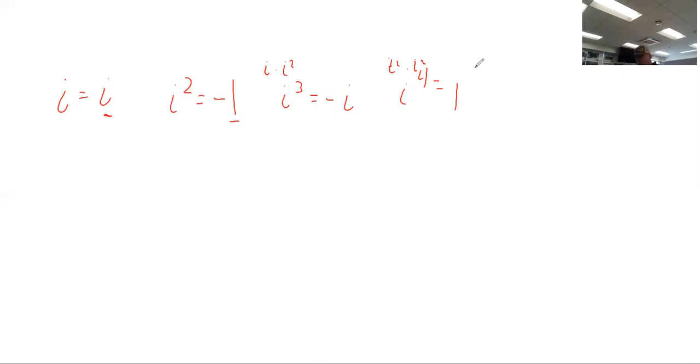But here's where it gets fun. Let's say they tell you to find the value of i to the 56th, i to the 57th, i to the 58th and i to the 59th.